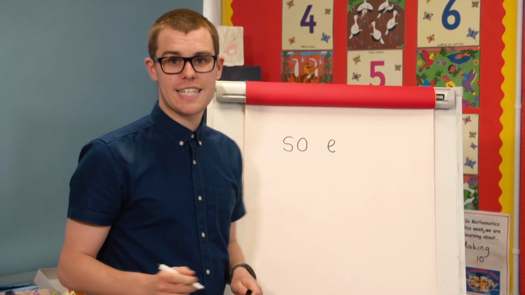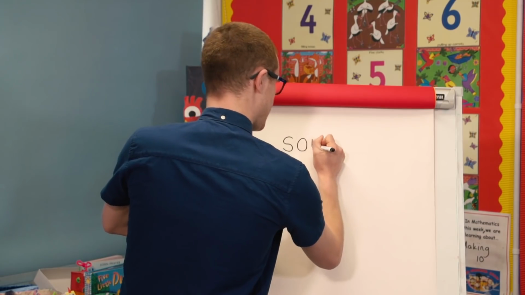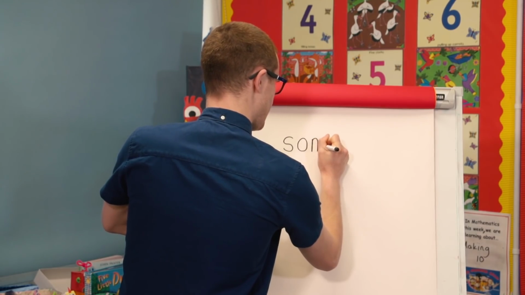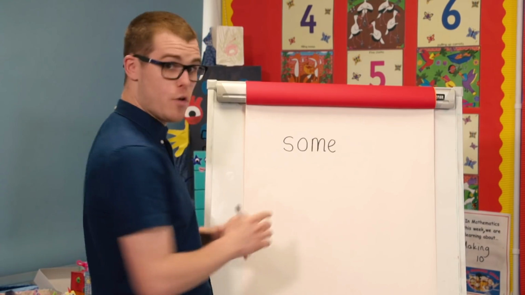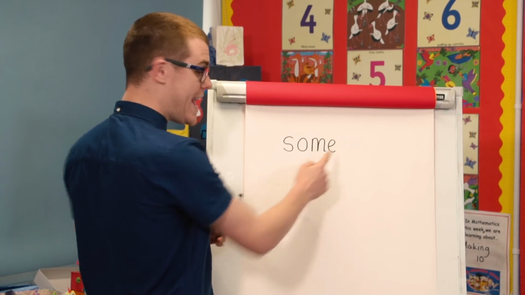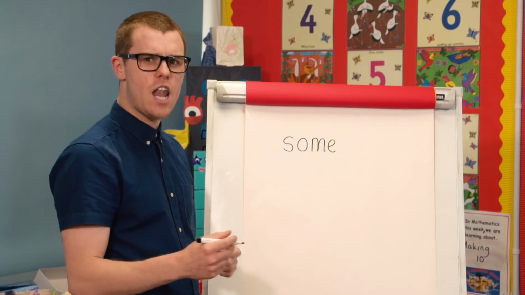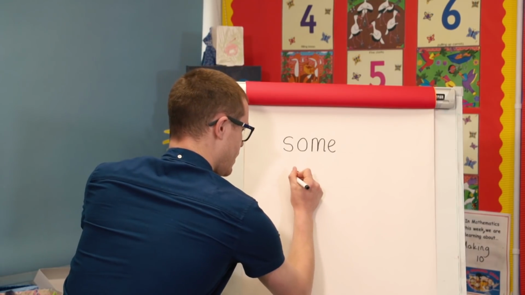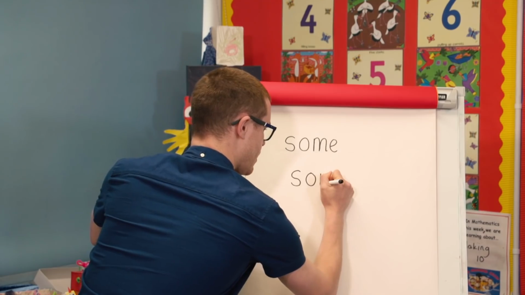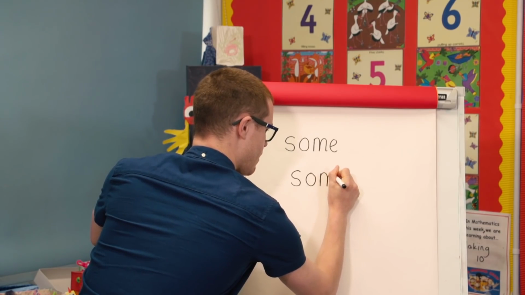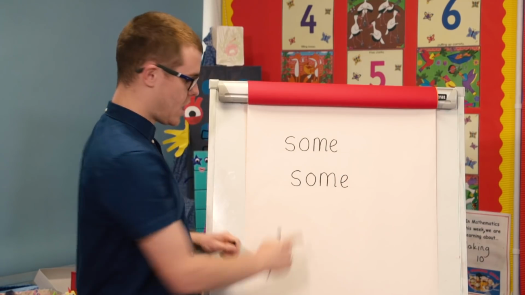These 2 letters say the sound, and the end is easy. So the letters O and E say the sound, but we write it like this. S.